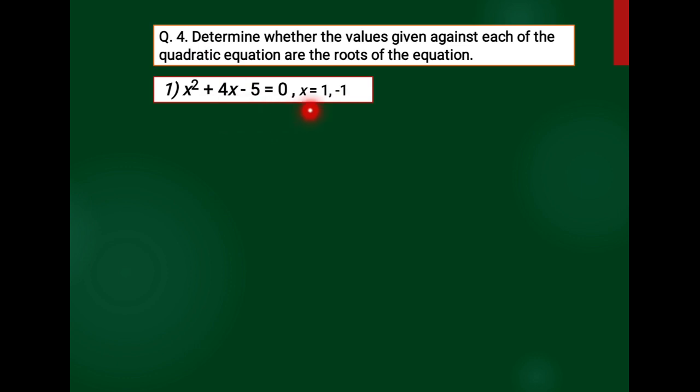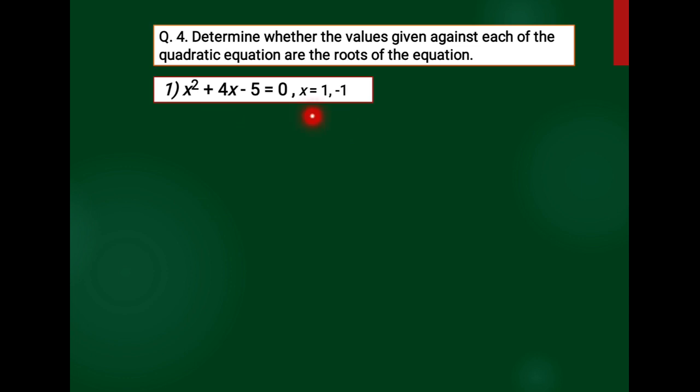For that, we substitute these values in the given equation, and if we get LHS equals RHS, that means the equation is satisfied, then that value is the root or solution of that equation.